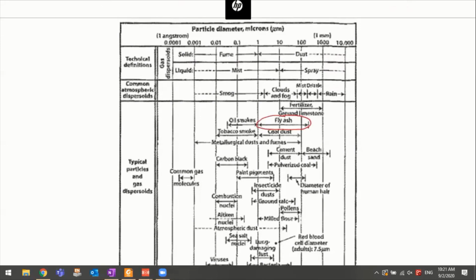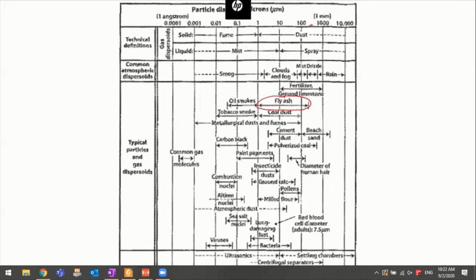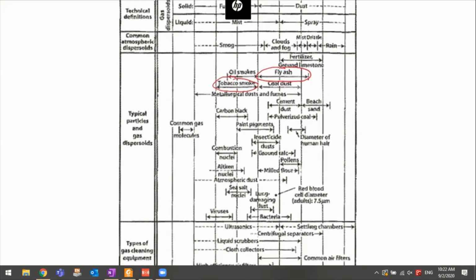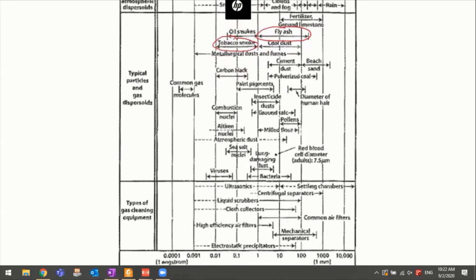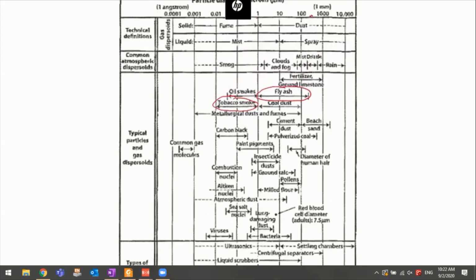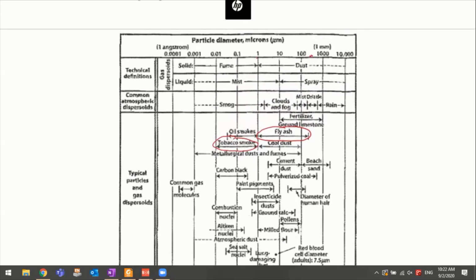They generally have a size between 1 micrometer to around 200 or 300 micrometers. Tobacco smoke is generally smaller, right? Let's see, I'm not sure if they show bacteria or virus. So in general, the virus will have a size of somewhere here.